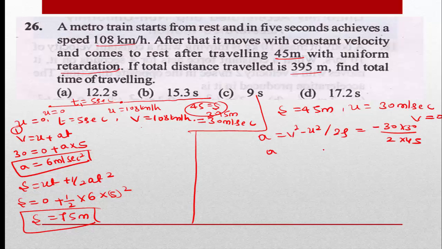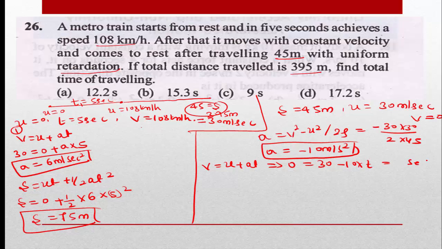Therefore, a is equal to minus 900 divided by 90, a equal to minus 10 meter per second square. Then v is equal to u plus at, final velocity is 0, 0 equal to 30 minus 10 into t, therefore t is equal to 3 seconds.